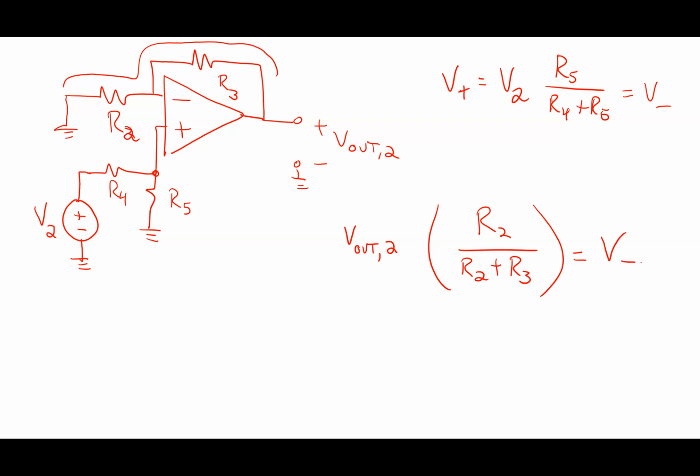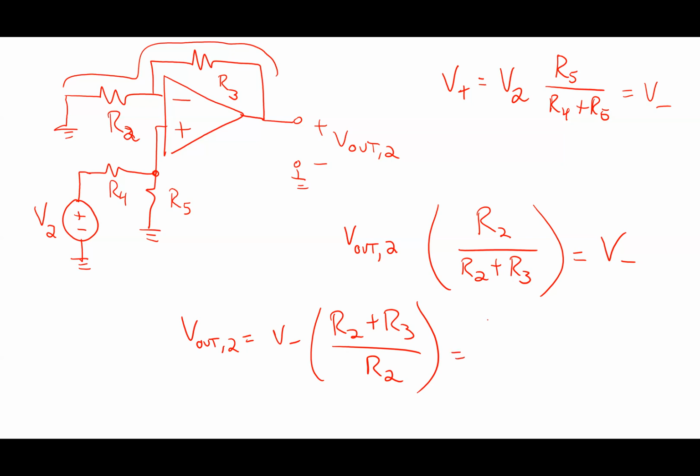So what do I have here? I put those two together and I have V out 2 equals V minus times R2 plus R3 over R2. And then I plug in the V minus.